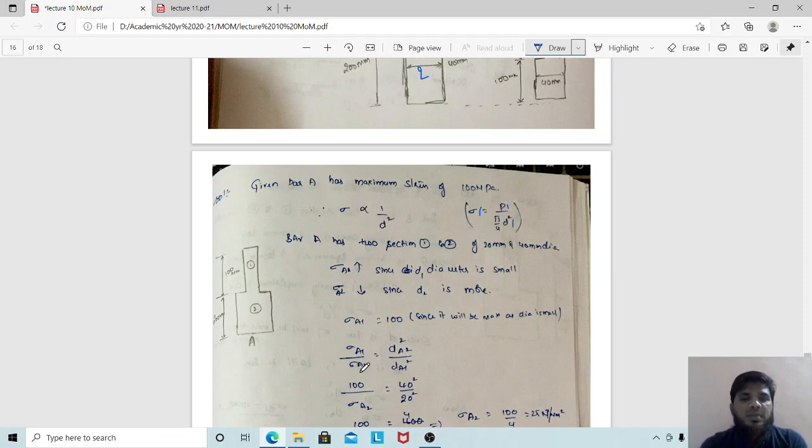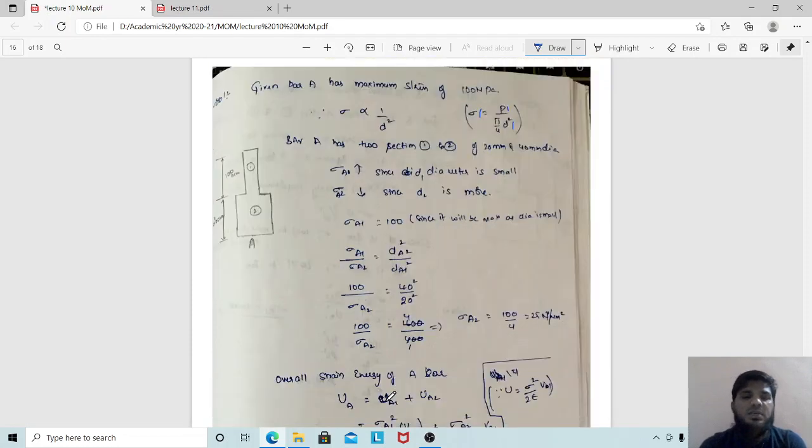So sigma A1 by sigma A2 is equal to dA2 square by dA1 square. Sigma A1 we take as 100, dA2 is 40 square, dA1 is 20 square. With that we identify the sigma of the second section, part 2 of A: sigma A2 is equal to 25 Newton per mm square, whereas for part 1, sigma A1 is 100 Newton per mm square.